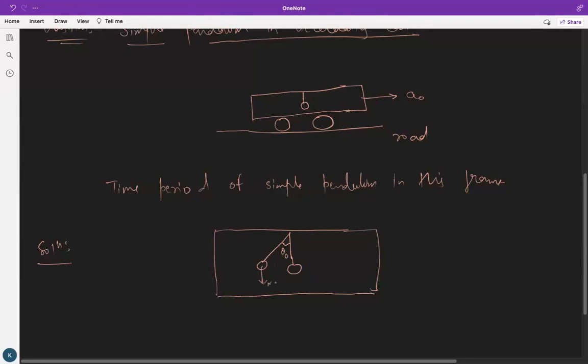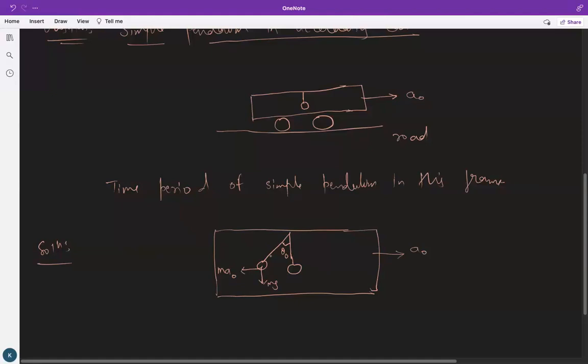One force is mg acting downward, and the pseudo force acts in the backward direction, because our car is moving in the forward direction. So the pseudo force is acting in the backward direction.